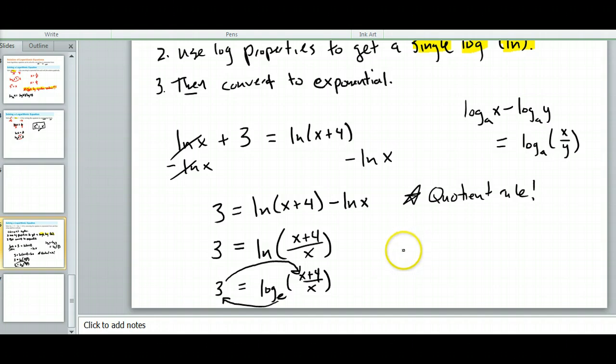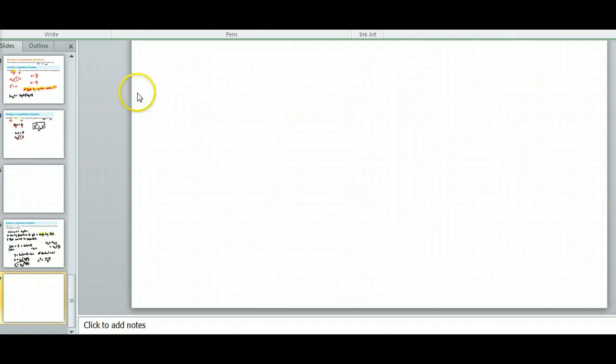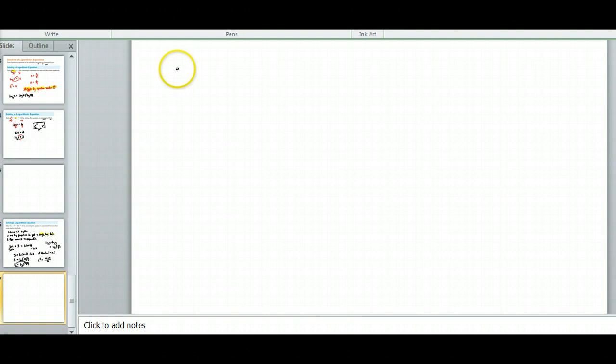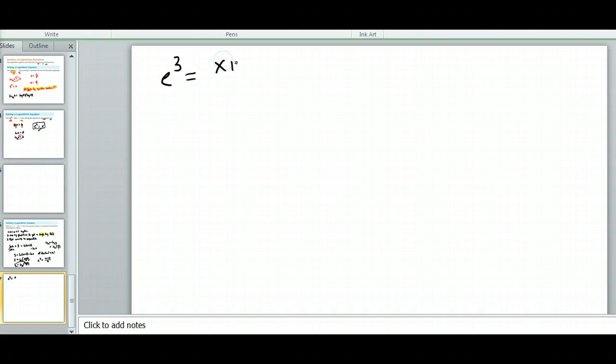So the equation we're going to start off with on the next page is e cubed equals x plus 4 over x.